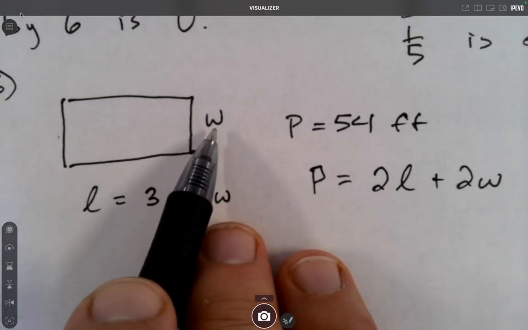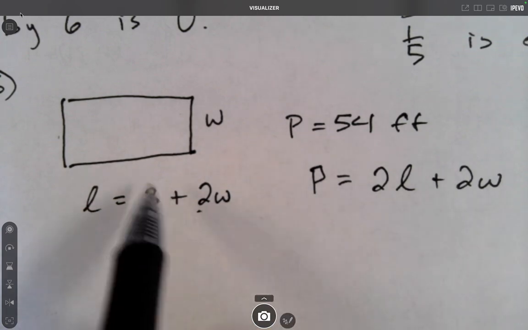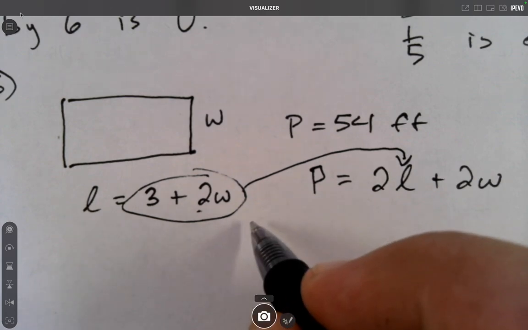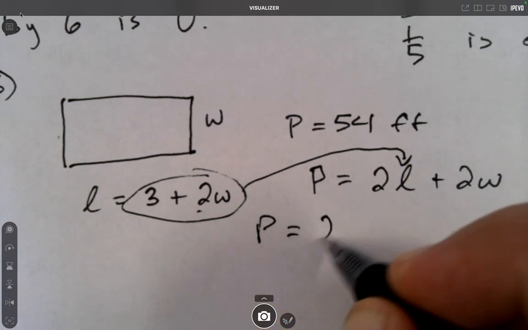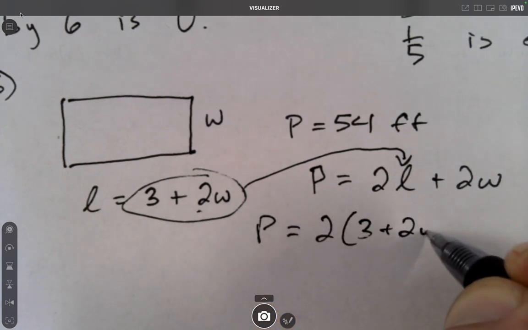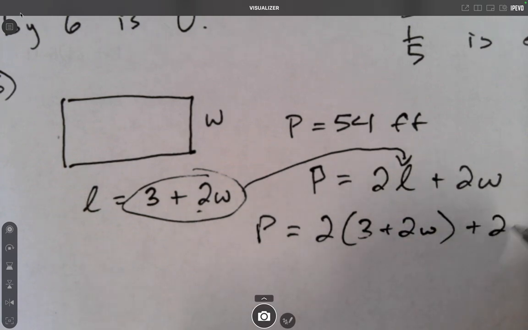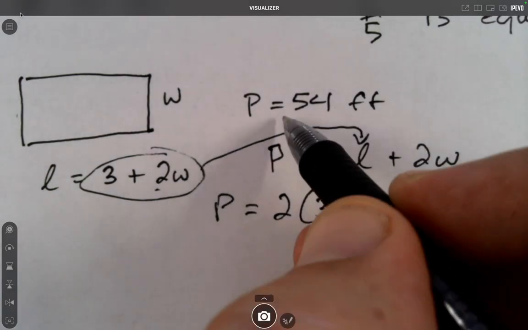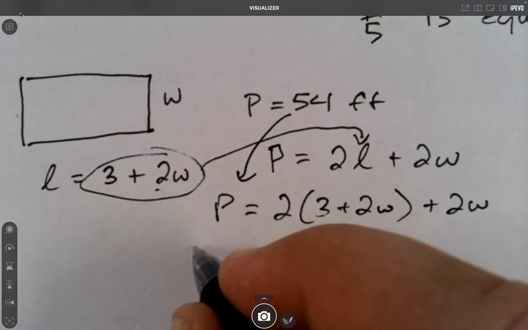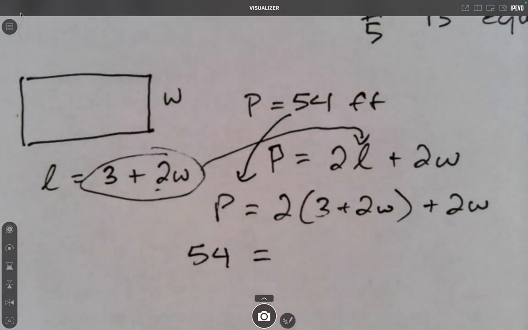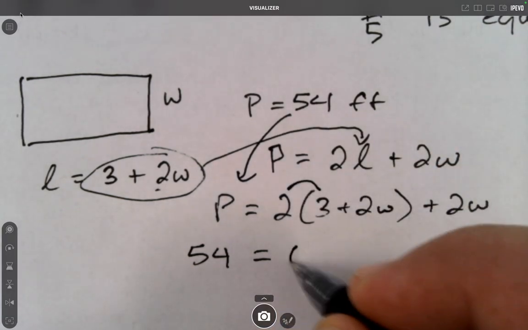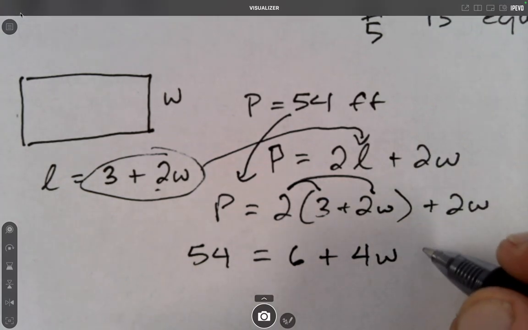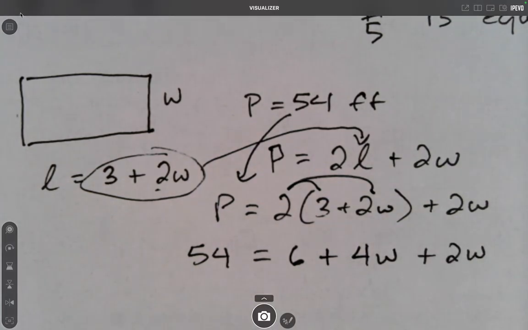Okay, now nothing to change with a W. W is W. But we can substitute this in for the length. So perimeter equals 2 times 3 plus 2W plus 2W. And I also almost forgot, we can plug 54 in for the perimeter. So I'll plug 54 in here. Distribute, 2 times 3 is 6, plus 2 times 2W is 4W, plus 2W.